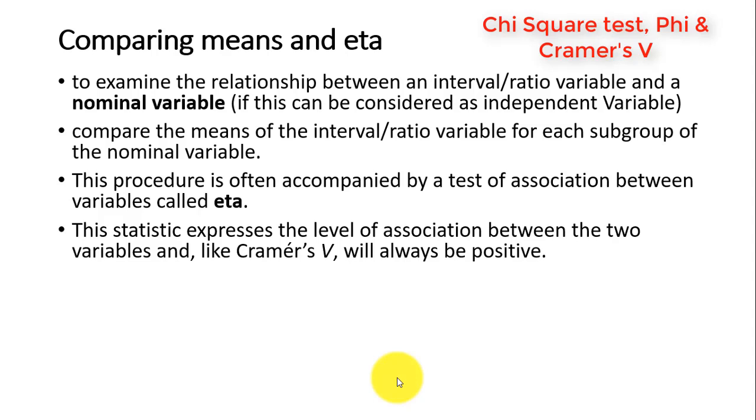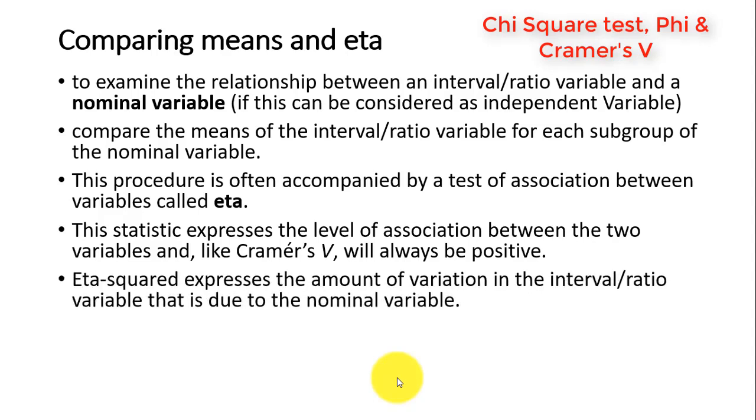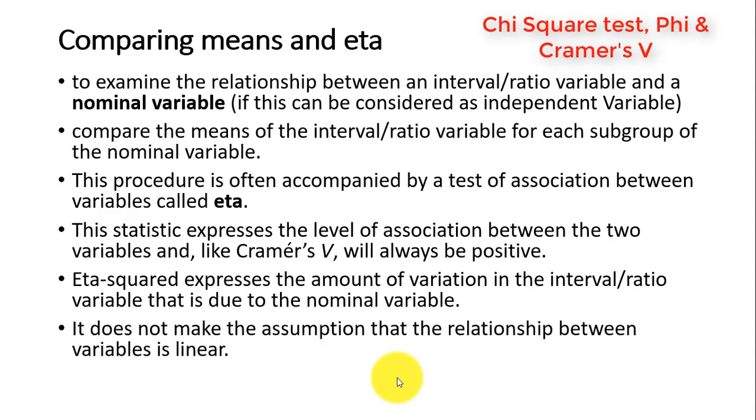The test statistic expresses the level of association between the two variables, and like Cramer's V, it will always be positive. The squared eta expresses the amount of variation in the interval or ratio variable that is due to the nominal variable. It does not make any assumption that the relationship between the variables is linear.